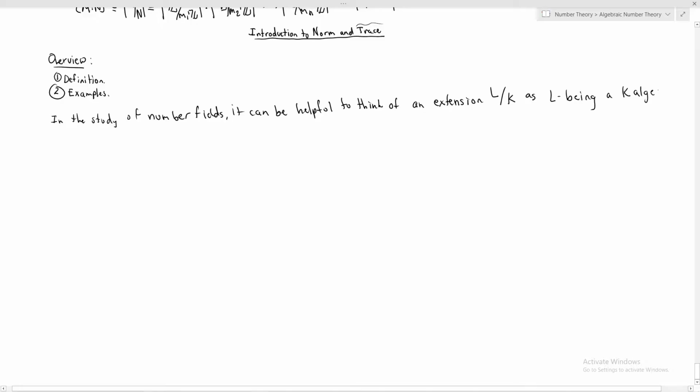Okay, so L is a ring with a K vector space structure. So this is definitely a K algebra, and we can view elements of L as K algebra homomorphisms from L to L.